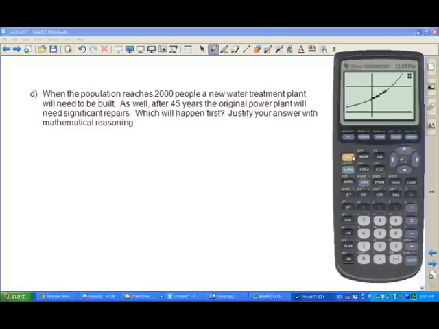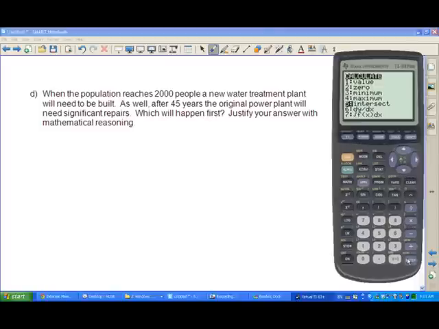So to find that on the calculator, if I press second function and trace, number 5 lets me find the intersection. So I'll hit enter twice, and one more time. So the population will reach 2,000 at about 44 years.